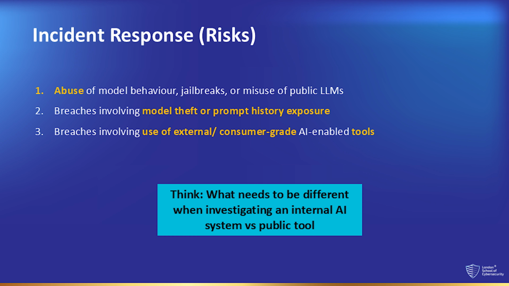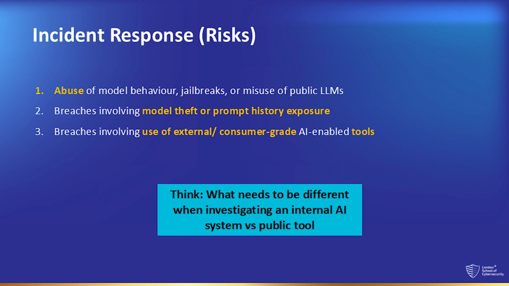Now, there will be a lot of tools developed in-house, but they leverage open source LLMs, right? So abuse of those models would be one type of incident that you need to think about when you're thinking about what more you can adopt and adapt in the world of incident response. So the first is abuse of models.